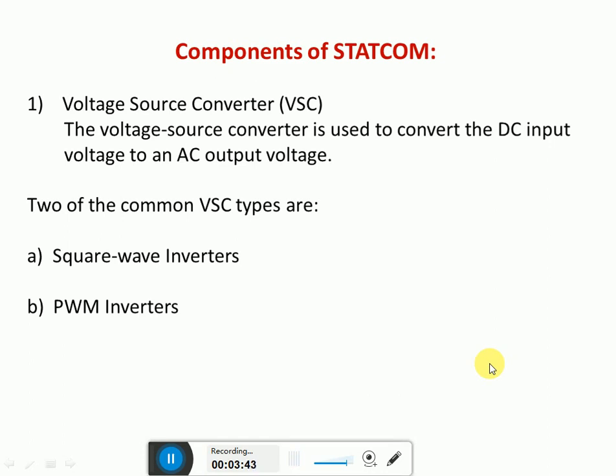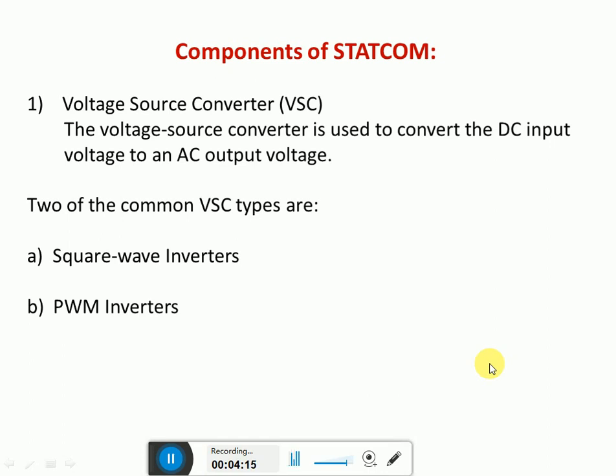This is an inverter which converts the DC input voltage to AC output voltage, and the magnitude of the output voltage can be controlled by controlling the magnitude of the input DC voltage, because the output voltage is proportional to the input DC voltage.